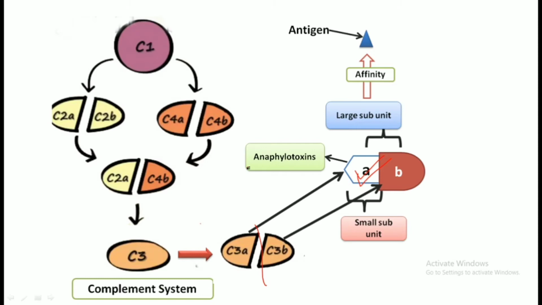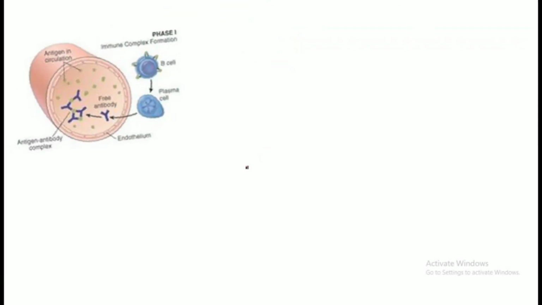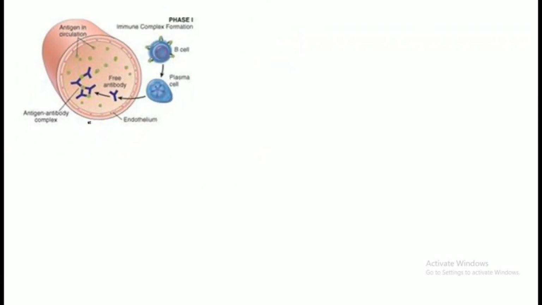As this type of hypersensitivity is mostly found in the circulation of blood, to understand the mechanism we have to take a cross section of a blood vessel. After the cross section you can see the blood vessel, which consists of two different layers.